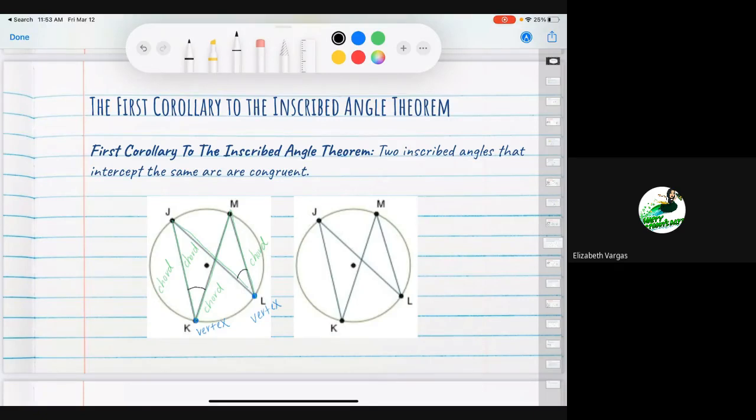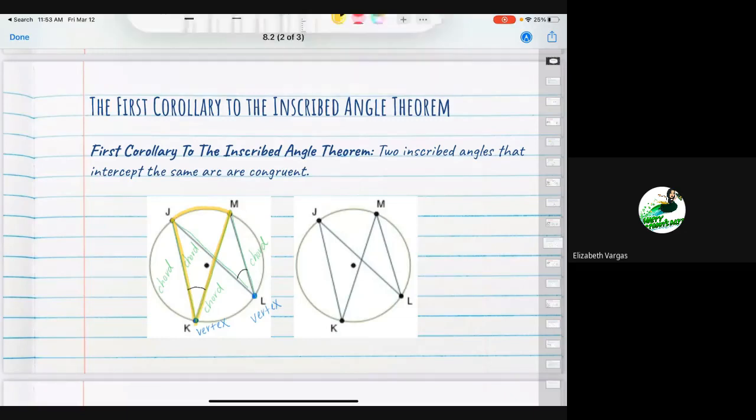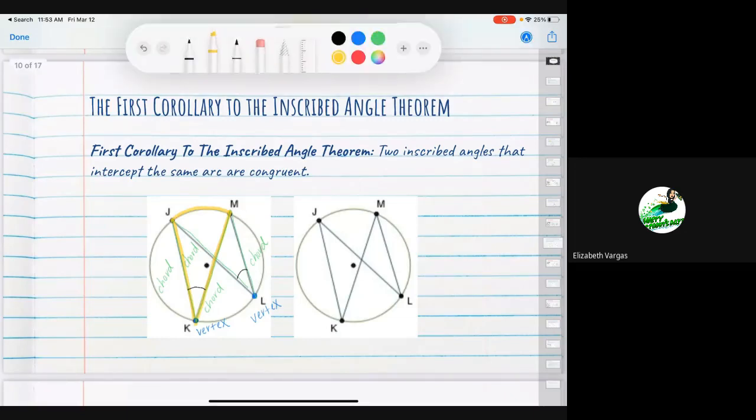Well, what we'll notice is that these inscribed angles, so let's look at this one first. Its inscribed arc, or intercepted arc, is right there, right? Well, let's look at the other inscribed angle. We'll notice it has the same arc.